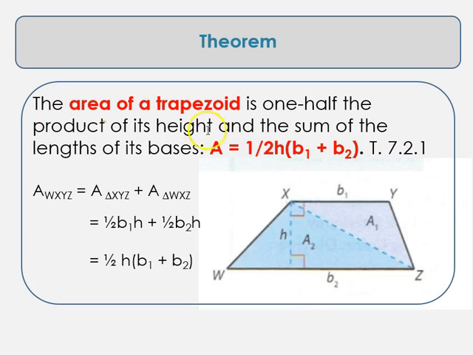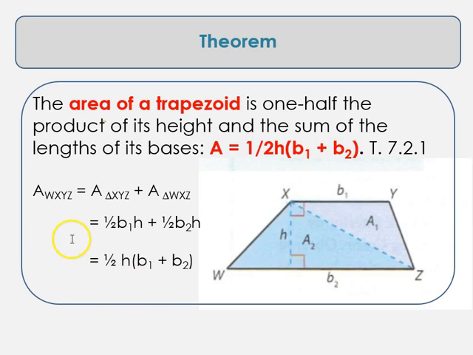So the area of a trapezoid is 1/2 the product of its height and the sum of the length of its bases. So here is the formula for area of a trapezoid. The formula is 1/2 times the height times both of the bases added together, base 1 plus base 2.